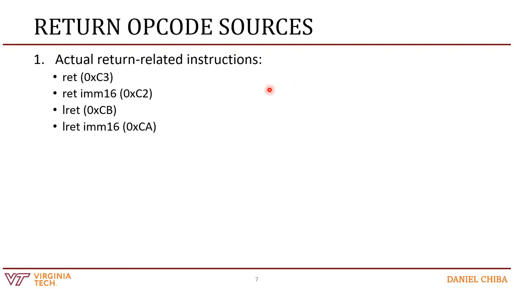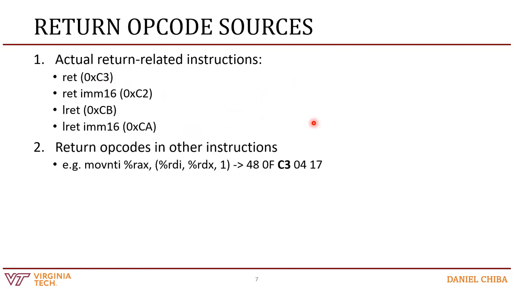This paper focuses on x86 instruction sets. So there are 4 in this case with these opcodes: 0xC3, C2, CB, and CA. x86 is a variable length instruction set.